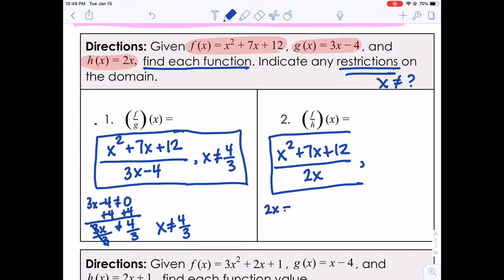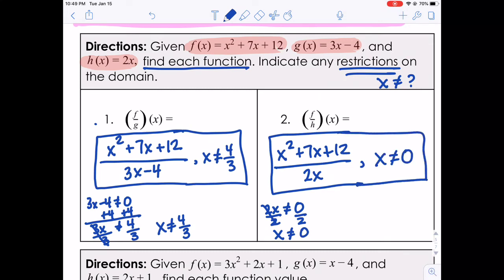So 2x is not allowed to be 0. Divide by 2 on both sides. It's going to give me x is not equal to 0 divided by 2, which is just 0. So x is not allowed to be 0. Right? So I have kind of like my answer, and then I have the warning for my readers, what it's not allowed to be. Okay.